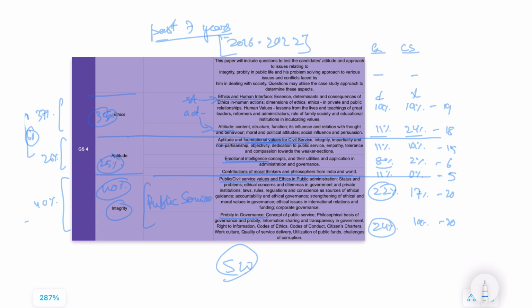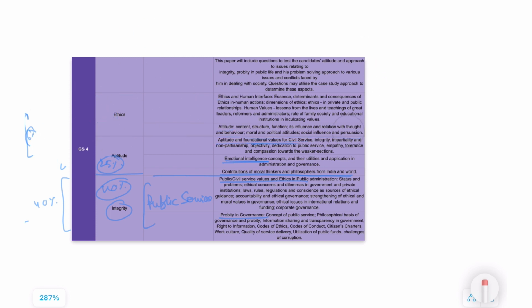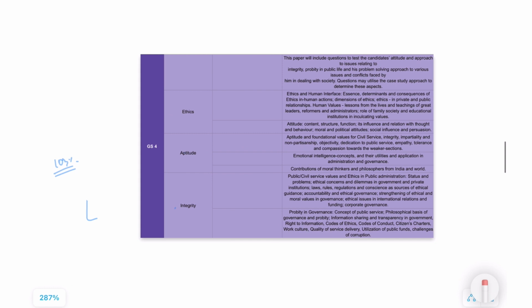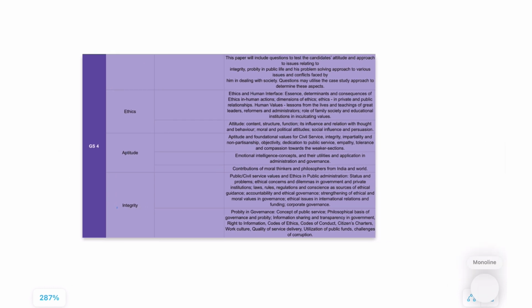Now, section weightage is complete. Let's talk about the sources for this. Now, the sources for the ethics paper are tricky. There are some IAS officers, ex-aspirants who have written books.